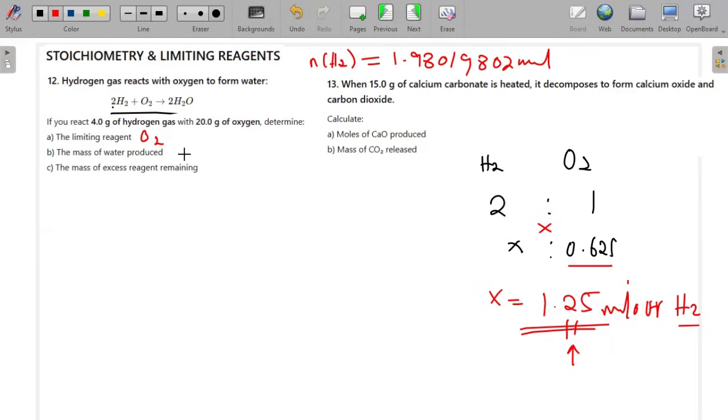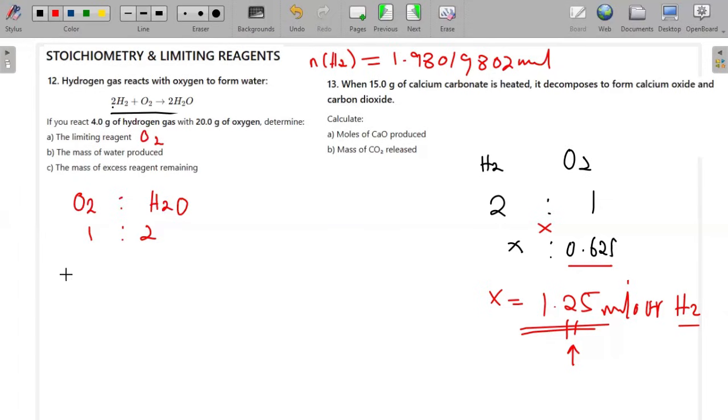To find the mass of the water produced, we're going to use a mole ratio between the limiting reactant and the product water. From O2 to water, what is the mole ratio there? The mole ratio is 1 to 2, because there is 1 in front here, and here there's 2.